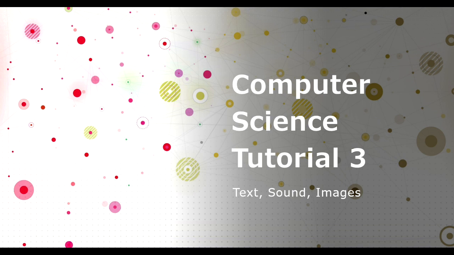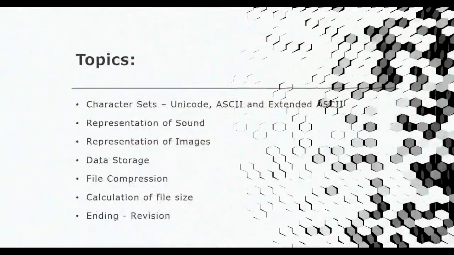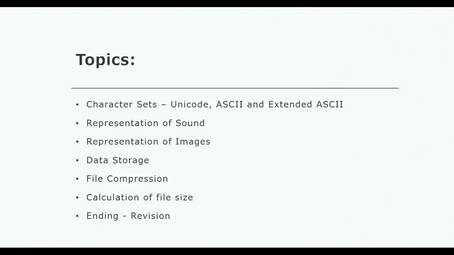So this is the third computer science tutorial, and this is about text, sound, and images. Okay, so this is what we're going to be covering today. First up, it is character sets, representation of sound, representation of images, data storage, file compression, calculation of file size, ending, and then revision.